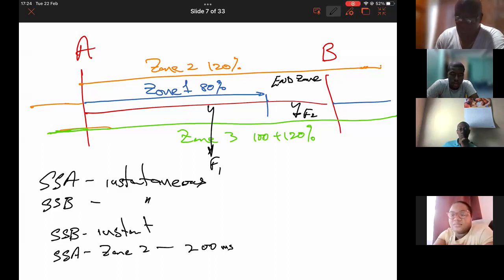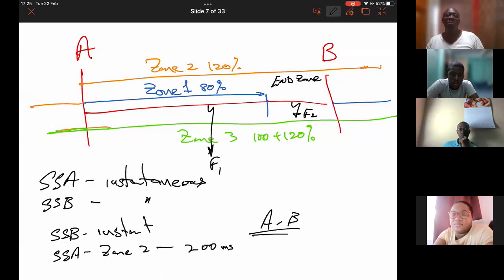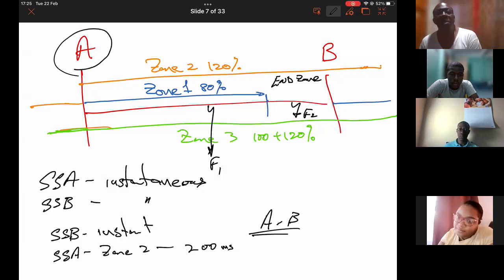But the fault is on the line AB, and ideally, because it is on AB, we want to remove breakers at both ends as fast as possible. So everything that we'll discuss this afternoon, we'll be looking at how to reduce the time taken, or increase the speed of operation, in this instance at substation A.